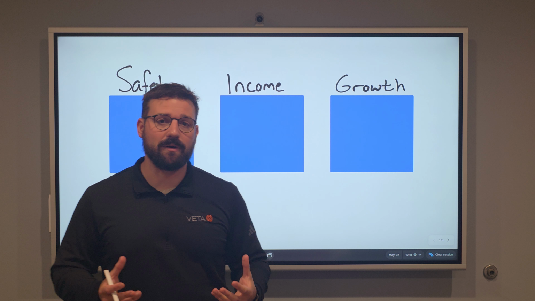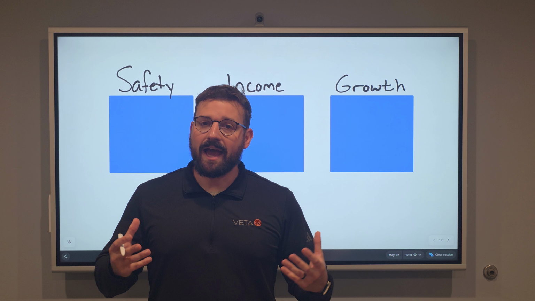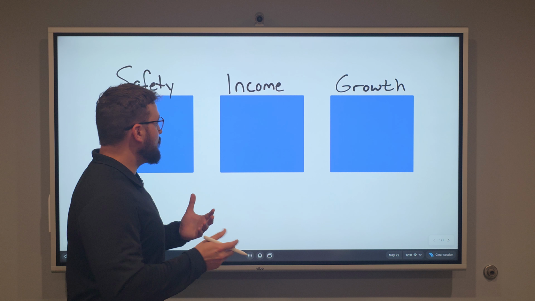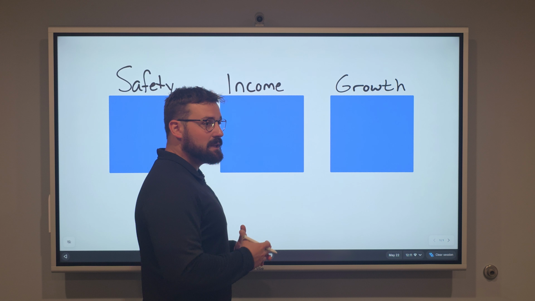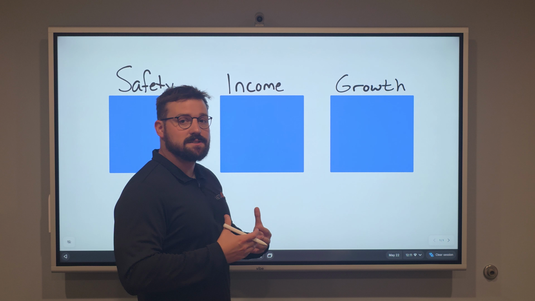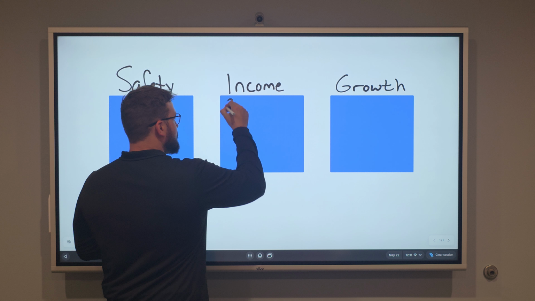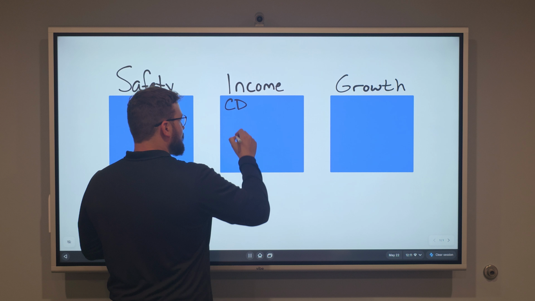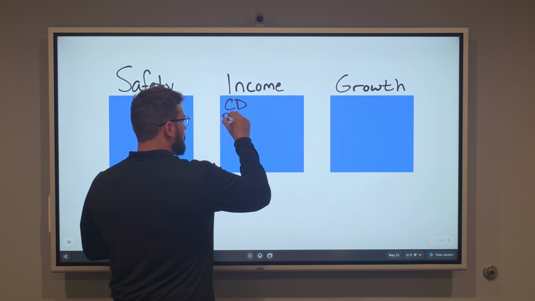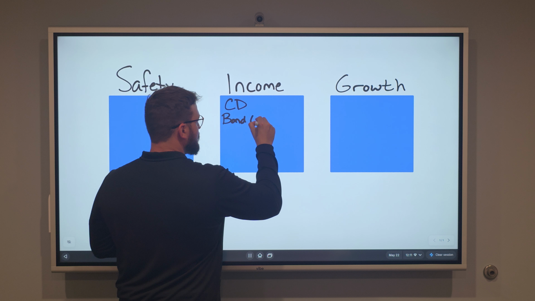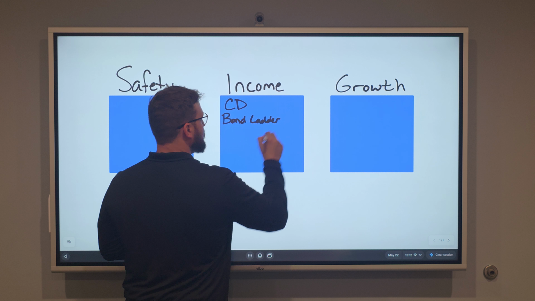But to help you wrap your mind around that income bucket, what kind of assets go in there? Like I said, we want to make sure that the principal is completely protected, yet we are still experiencing some growth within this. All of these investments have something in common. That's going to be something like a CD, perhaps a bond ladder, if structured properly.